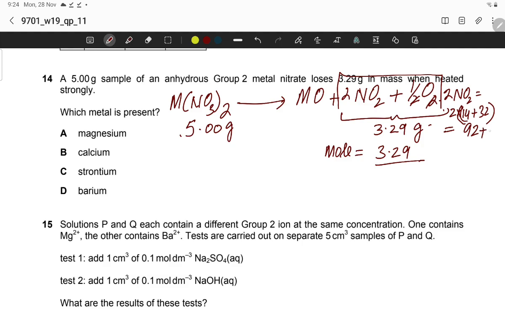92 plus oxygen mass of 16, so this is 108.